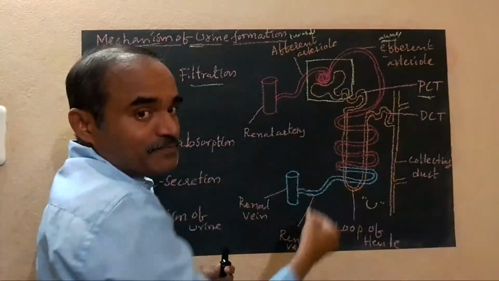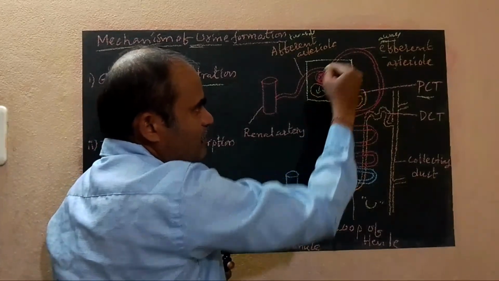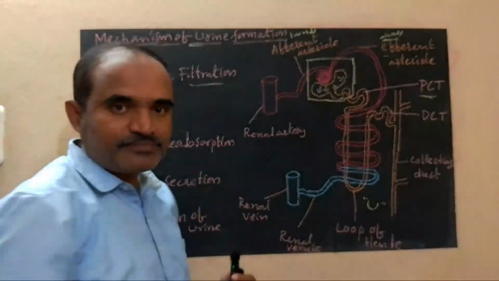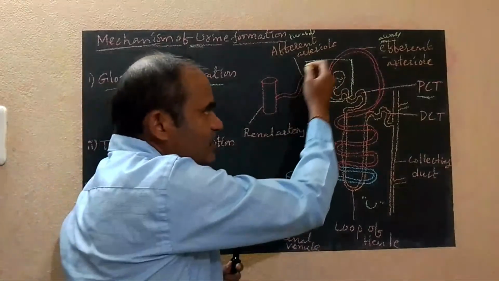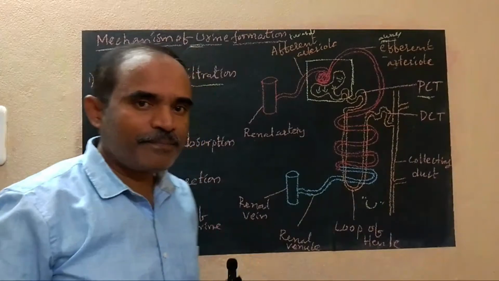The blood is filtered and enters into Bowman's capsule.